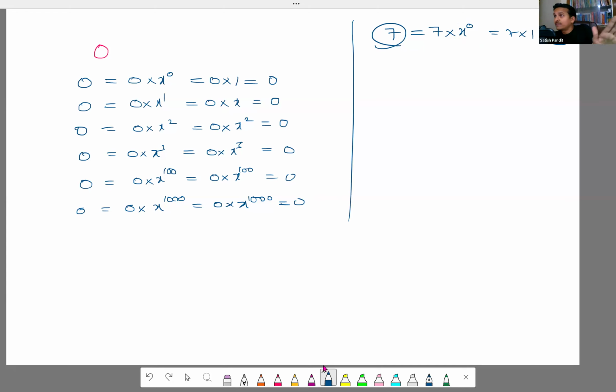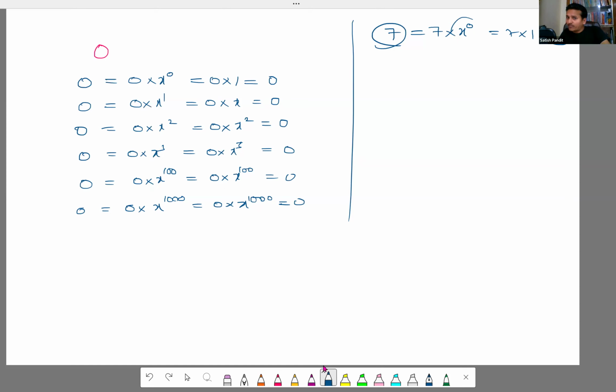It is not fixed. And whenever something is not fixed in mathematics, we say it is not defined. Whenever you're not able to fix a particular value, you say it is not defined. Because whenever we have 0, I can have any power of x: 0, 1, 2, 3, 4, 5, anything.